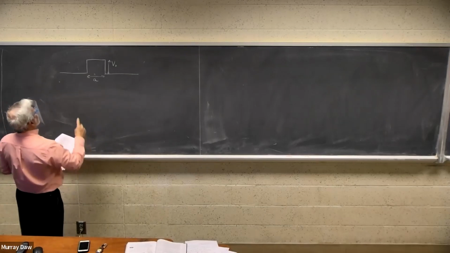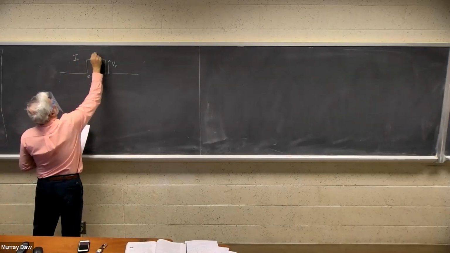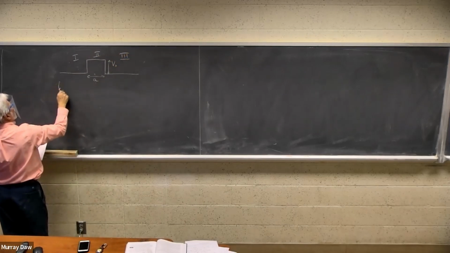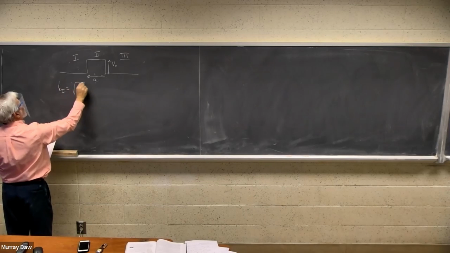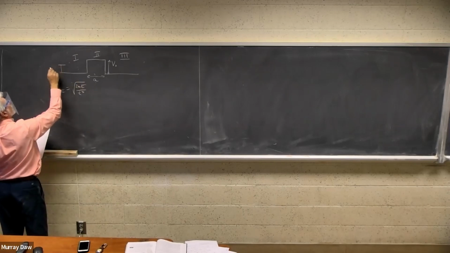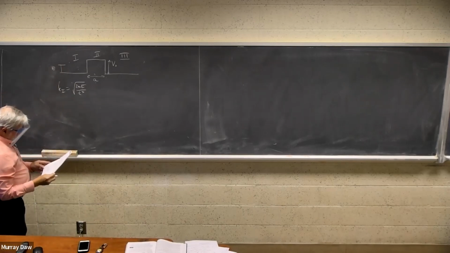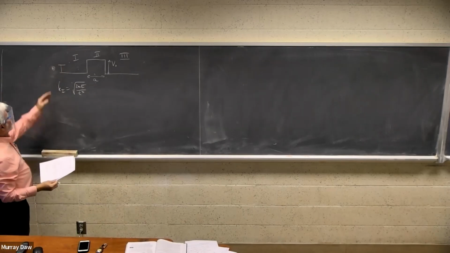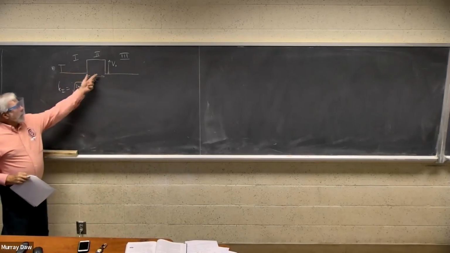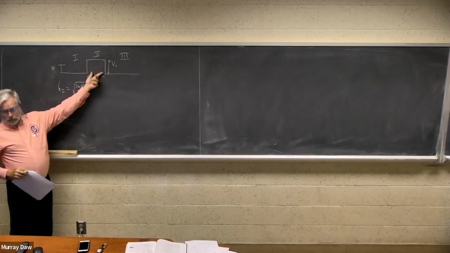Okay, so we have 3 regions. In region 1, we have an incoming energy. Does it say the energy is less than the barrier height? Okay, so there are going to be real exponentials in this region.